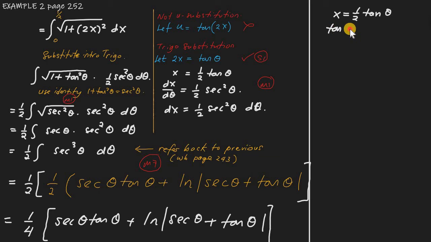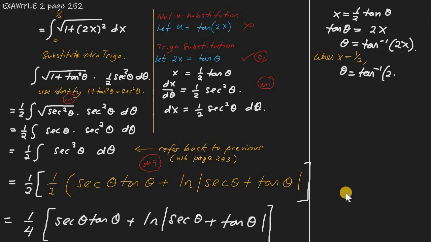Another way to say it, tangent theta is 2x, and the angle theta is the inverse tangent of 2x. Now for the upper boundary, when x is equivalent to half, theta would be the inverse tangent of 2 times half, or in other words, inverse tangent 1. What is the angle?